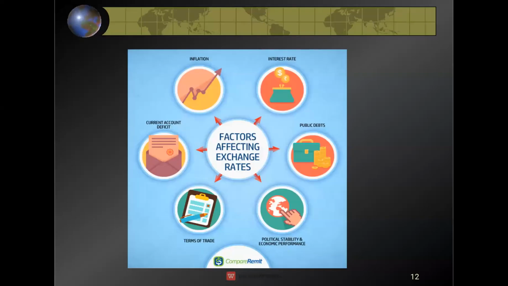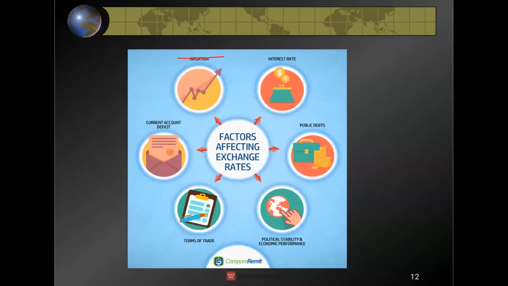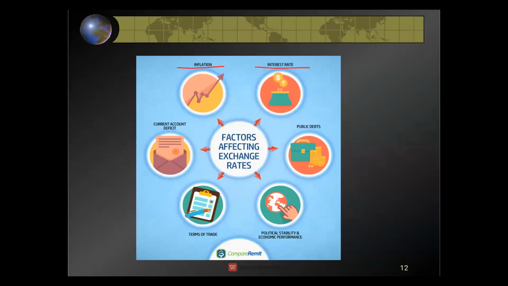So we have a lot of factors that really affect the exchange rate. We have inflation affecting the exchange rate. We also have the interest rate, public debt, domestic political stability, the terms of trade, and the current account deficit.